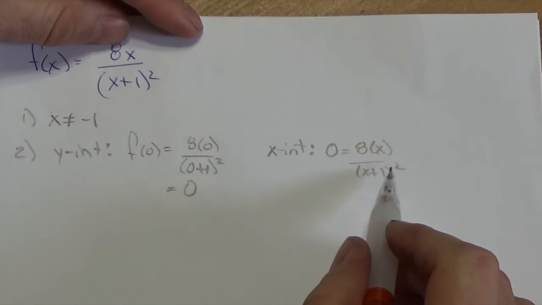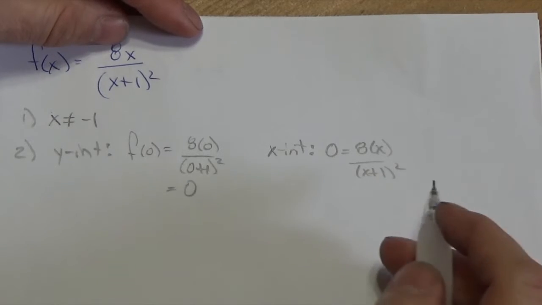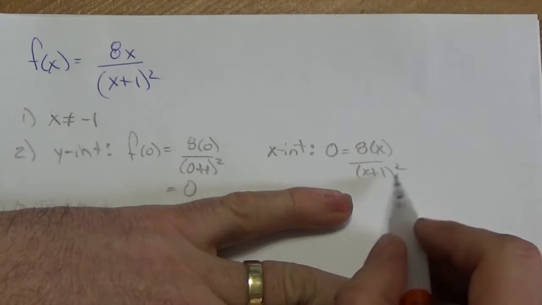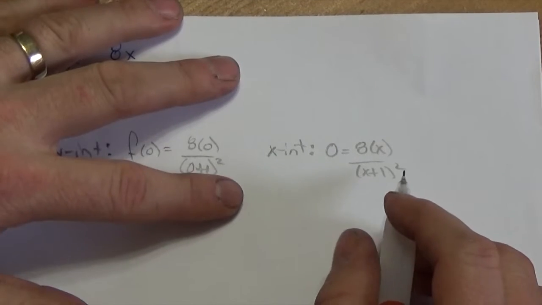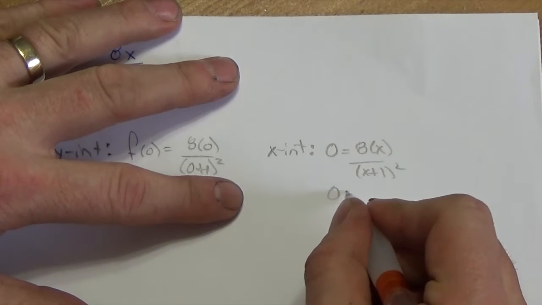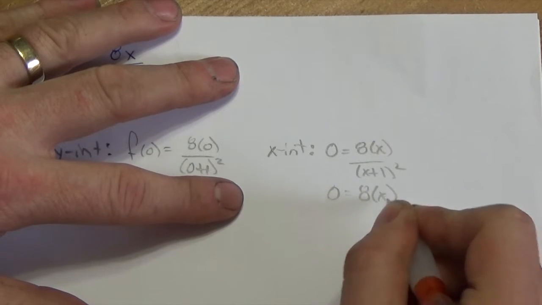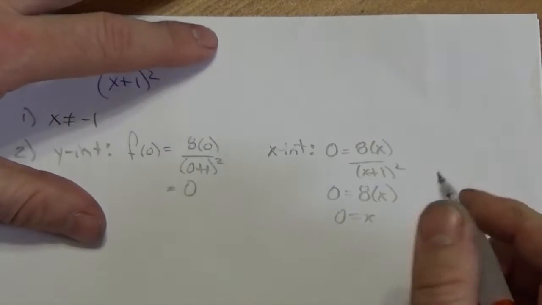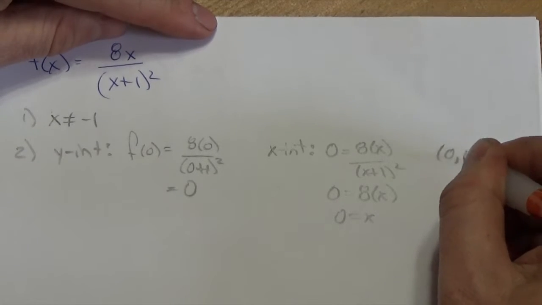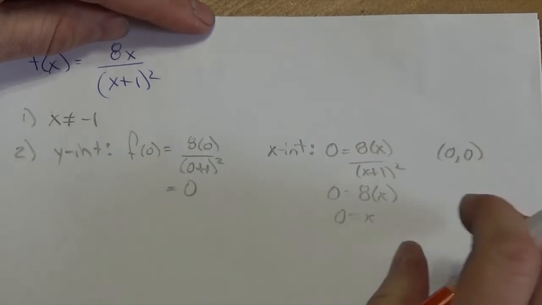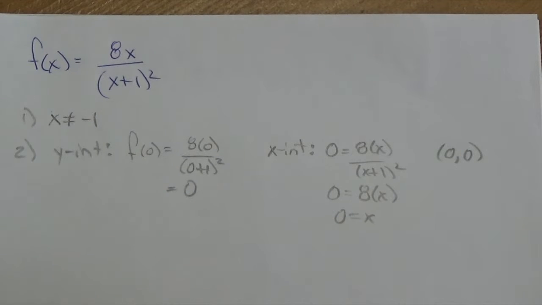Bear in mind that that won't happen when the denominator goes to 0. In fact, there is no value that I can plug into the denominator that will make this thing equal to 0. So really, it's just about the numerator going to 0, and that's only going to happen when x is equal to 0. So the only significant point here is the origin. That's going to be both the only y-intercept and the only x-intercept.